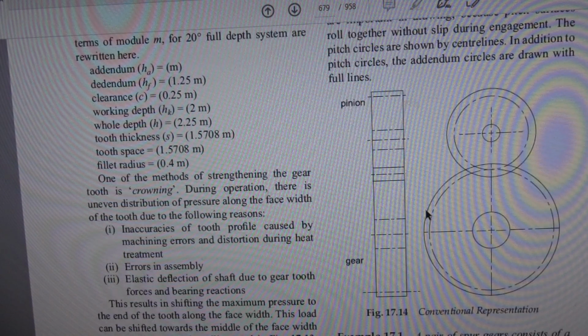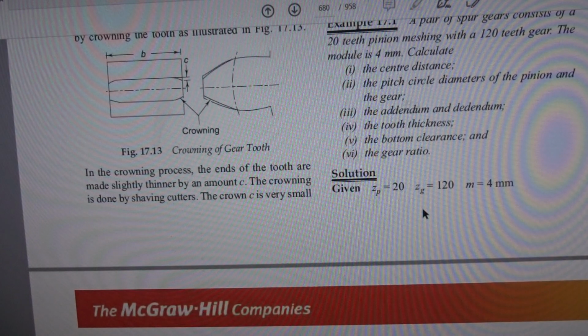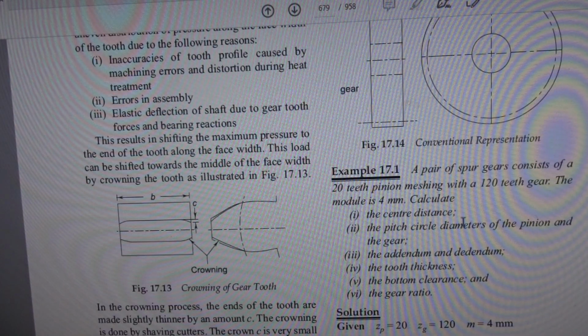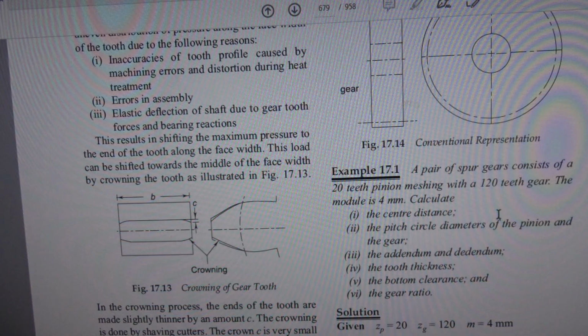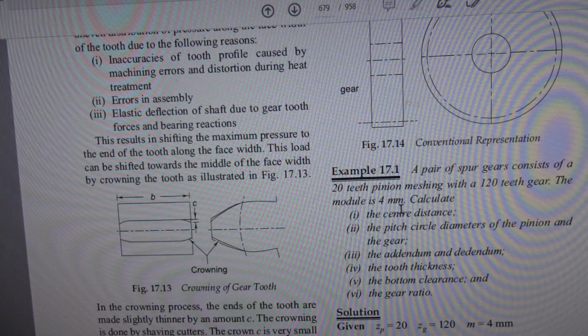So there is one simple question. You can solve the questions. A pair of spur gears consists of a 20-teeth pinion meshing with a 120-teeth gear. The module is 4. Calculate the center distance, pitch circle diameter of the pinion and gear, addendum and dedendum, the tooth thickness, the bottom clearance, and gear ratio.